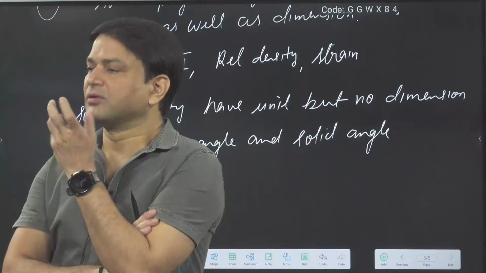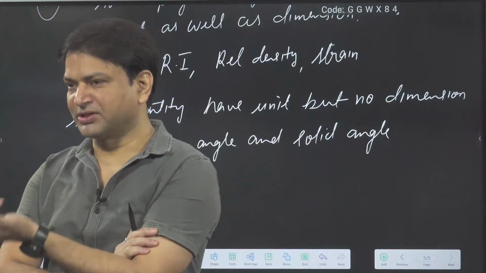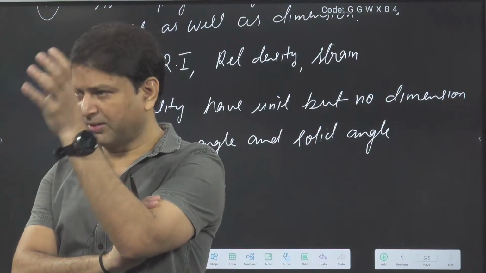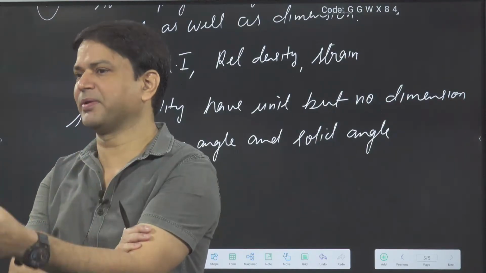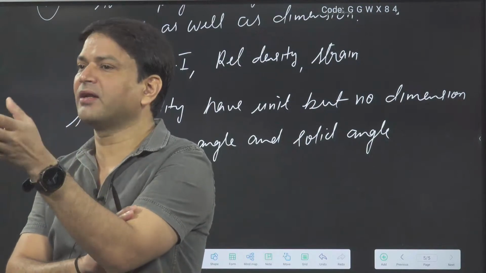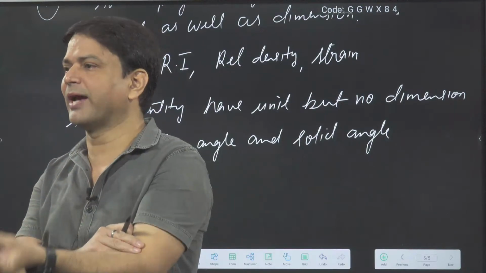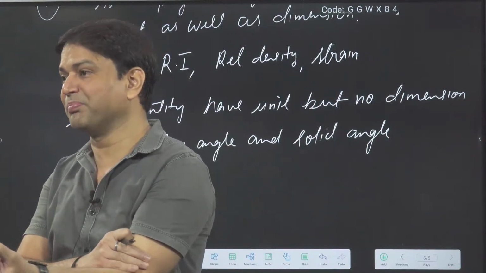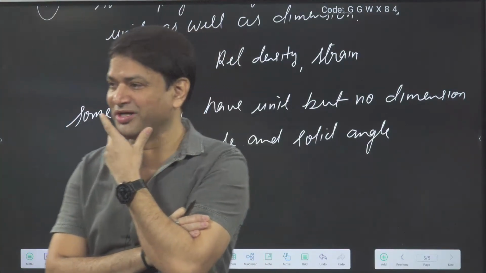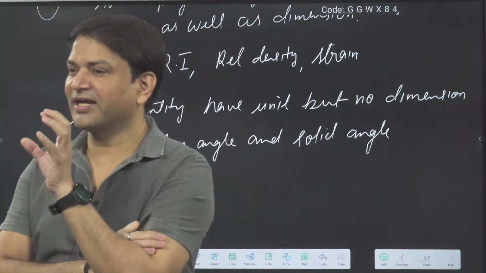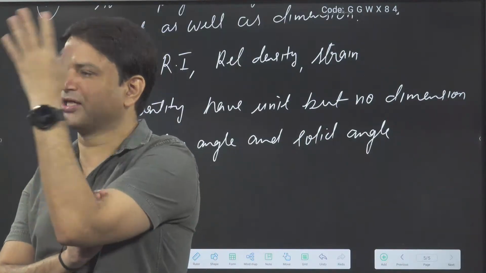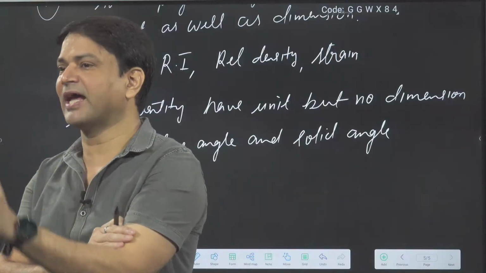No. So there is no such quantity, because if a dimension is there, it means either M will be there, L will be there, T will be there, or current will be there. So if any quantity is there, its unit will be there. Suppose I am writing MA^-2.